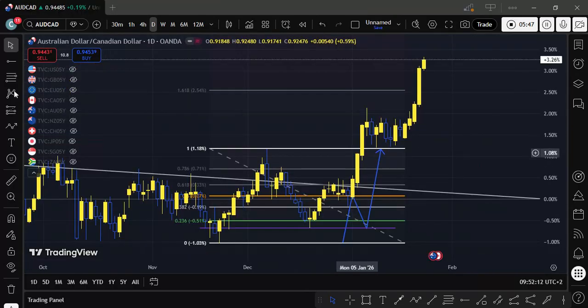This is the AUD CAD, the trade that was seen to be high risk by price action traders, and it became the most beautiful trade above all other trades. And the entry level was here, and those who entered much earlier might have entered up here because I also entered from down here.